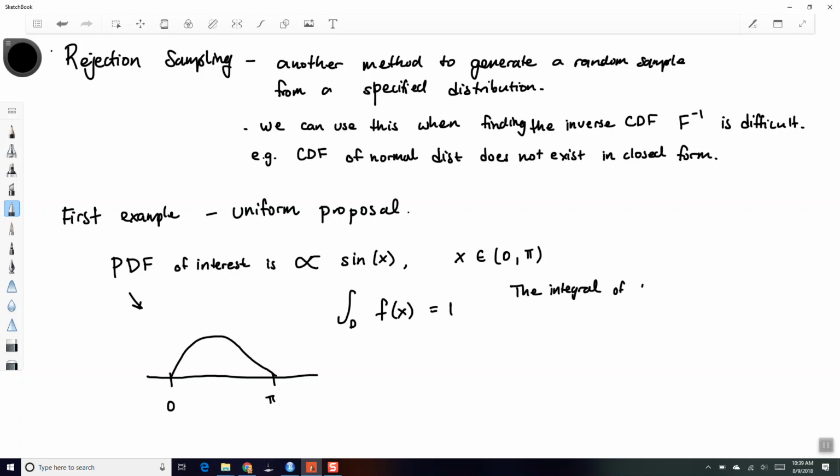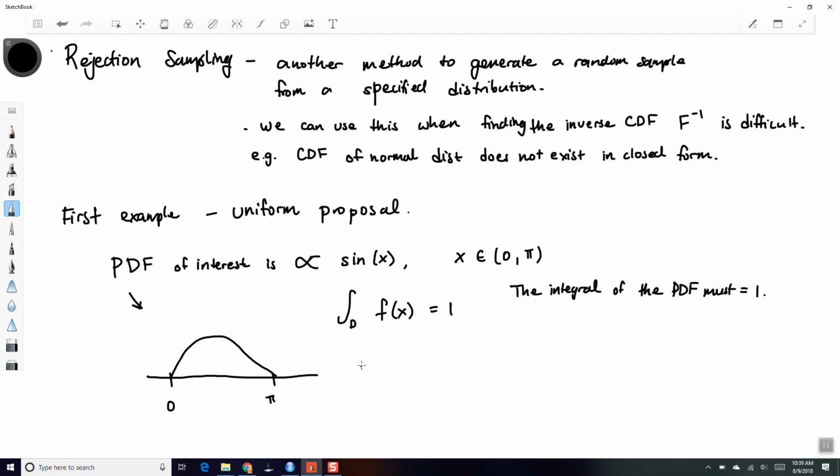The integral of the PDF must equal 1. So in this case, the PDF isn't just sine of x, but sine of x multiplied by some constant, so that the whole thing integrates to 1.